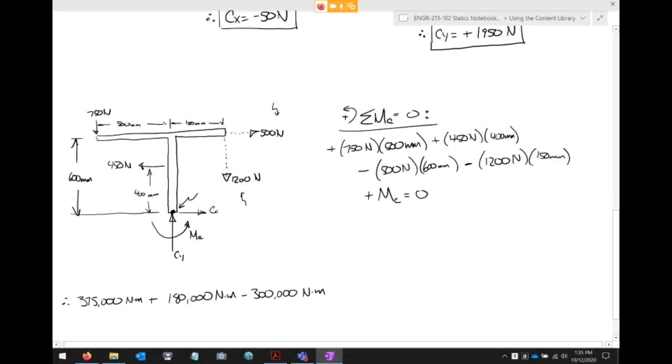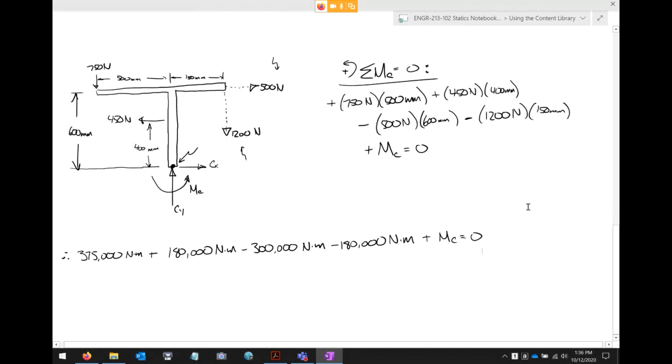And then we have, let's see what else, minus 1,200 times 150. Okay, so minus 180, plus MC equals 0.